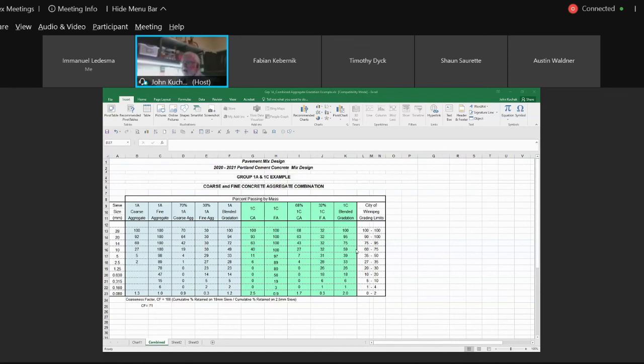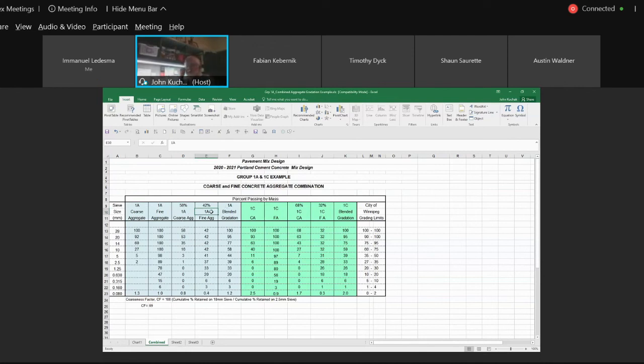Then you plug this back in here and say, okay, my mix design, as far as the proportions of coarse to fine, is that. Then you will check it and say, yeah, I'm still in spec.